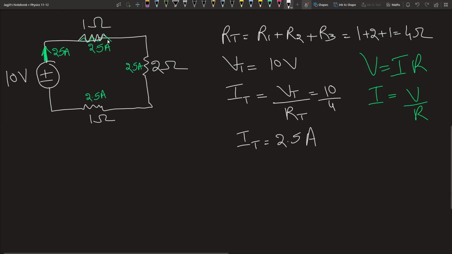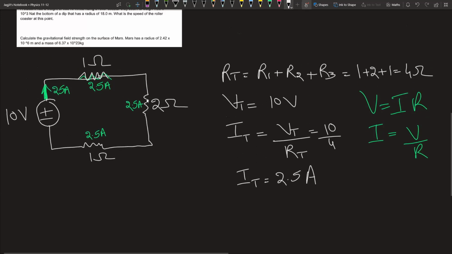This is the resistor symbol, by the way. Now we know the current that flows through each of the resistors. Now that we know that, guys, we can find the voltage drop at each resistor. What's the formula for voltage? IR. So I can do IR to find the voltage drop here.